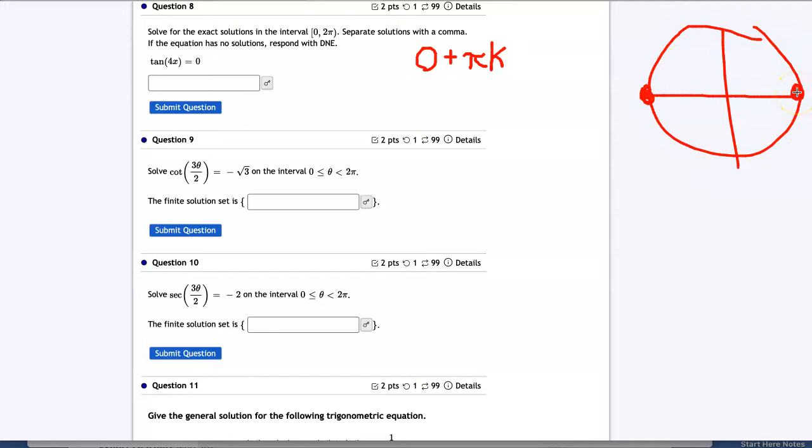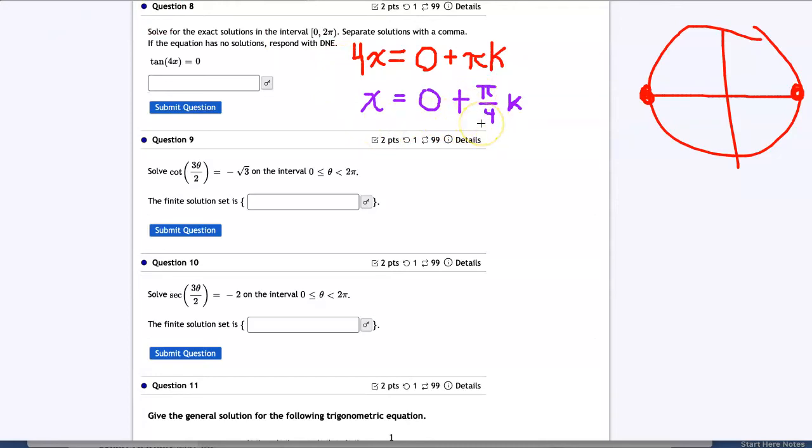And it would be pretty silly of me to write 0 plus pi k and then also write pi plus pi k. So this is a lot more efficient. We just have one initial solution here, and that is 0 plus pi k. So once you set 4x equal to 0 plus pi k, then of course you want to divide everything by 4. And then the question of the day is, can you count by 1/4?